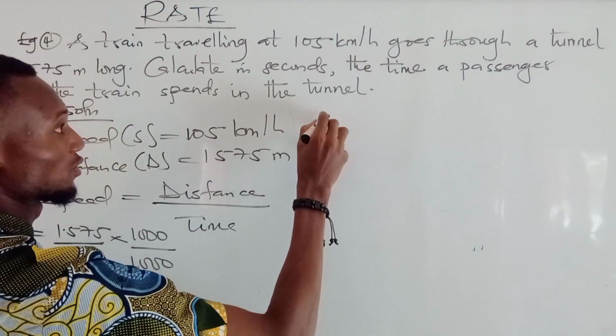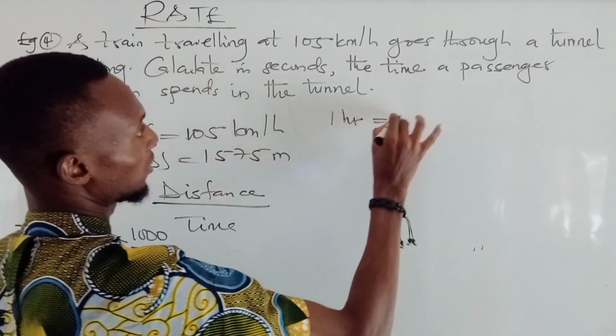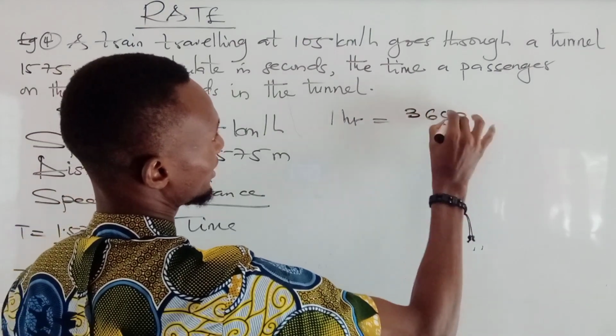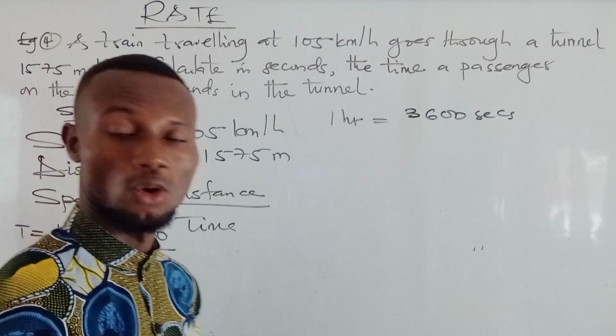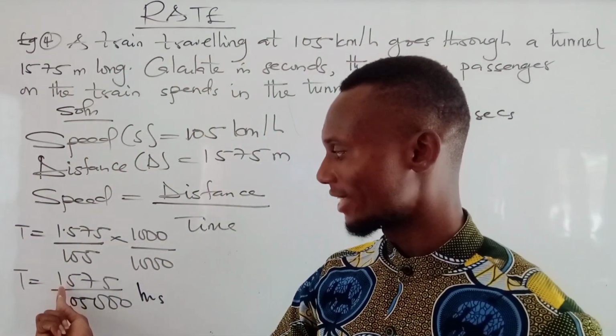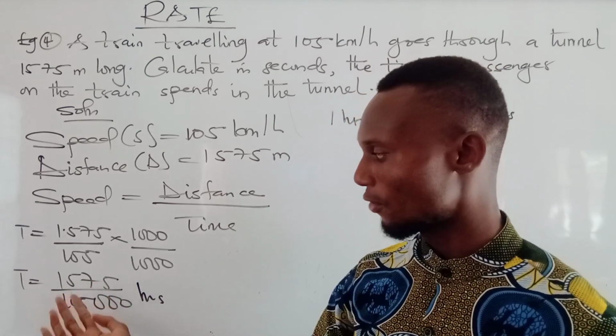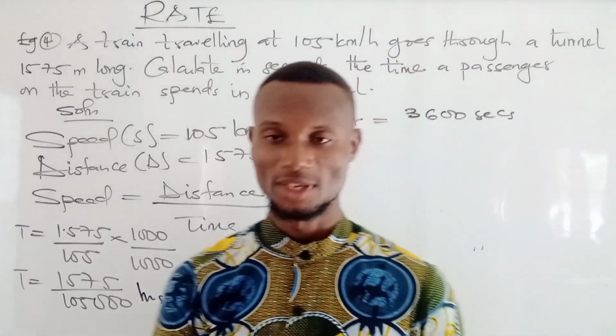So I have that for every 1 hour it equals 3600 seconds. I'm going to write it down. That's my 1 hour equals 3600 seconds, and I'm trying to convert this value, which is 1575 all over 105,000 hours, to seconds.